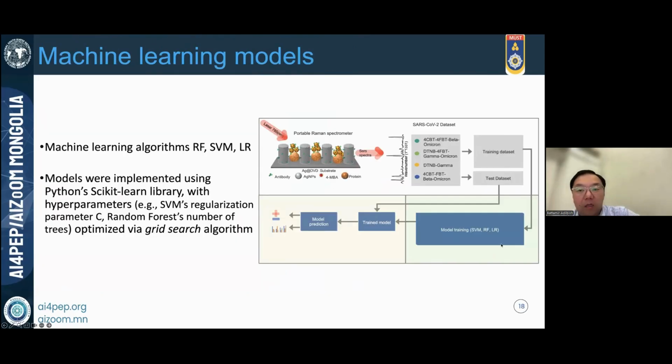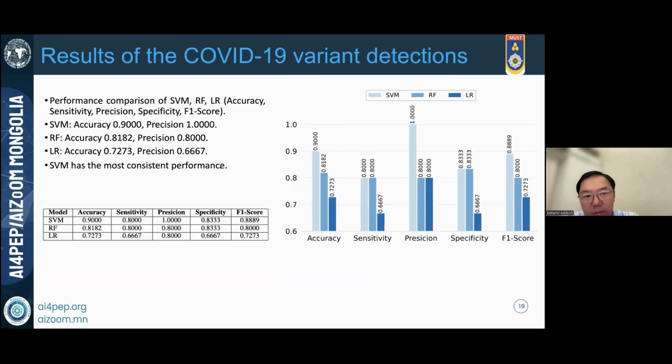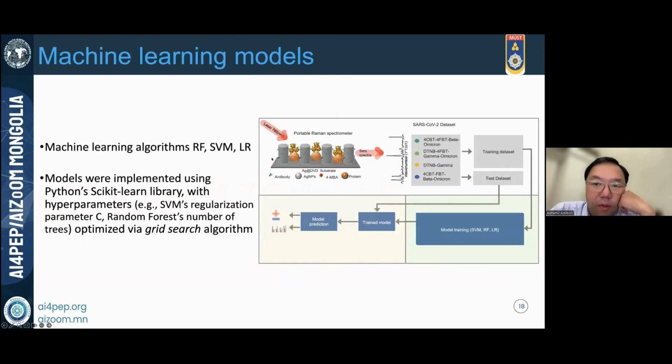Okay, now let's move to the machine learning analysis on the variant detection. Data pre-processing included baseline correction, normalization, and smoothing. We tested three models: logistic regression, random forest, and support vector machine.